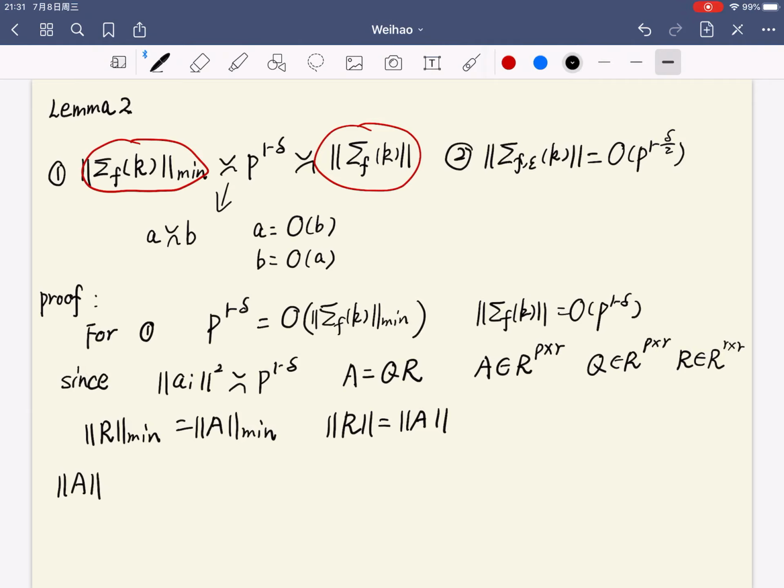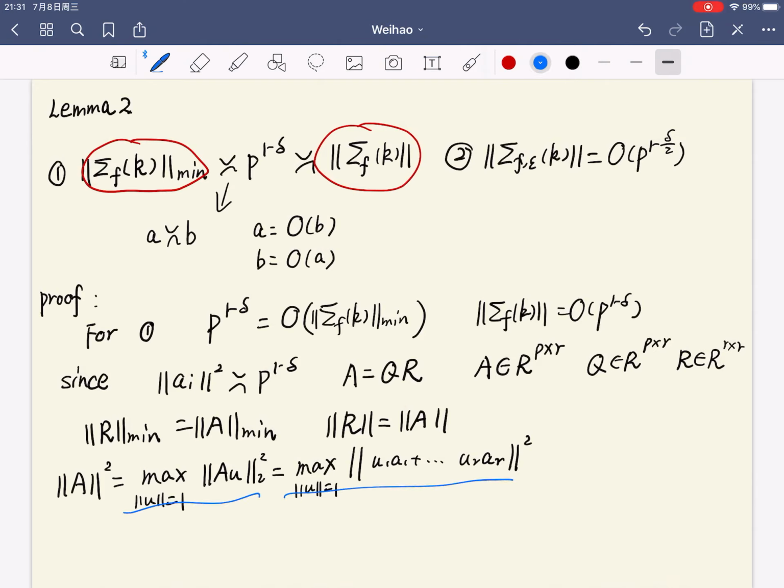Let's look at the operator norm first. This two-step adjusts the definition of operator norm as well as the matrix calculation.